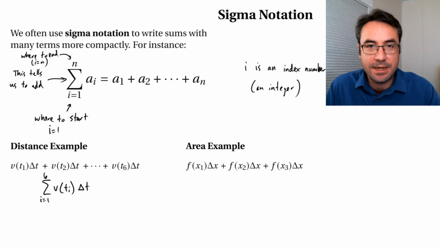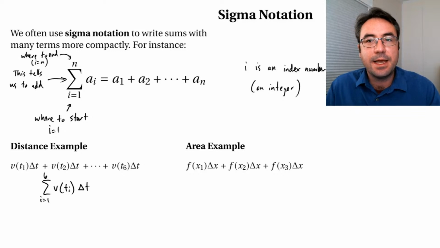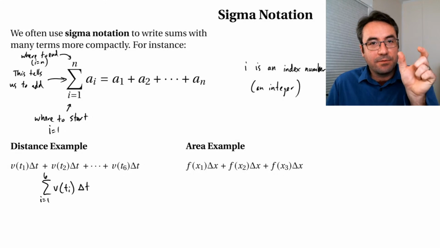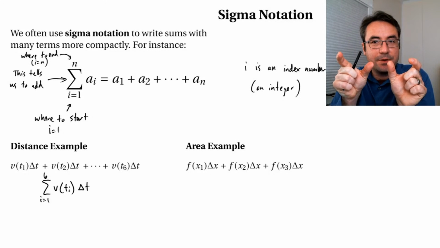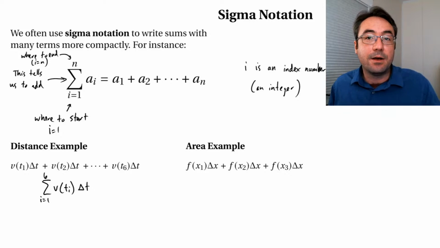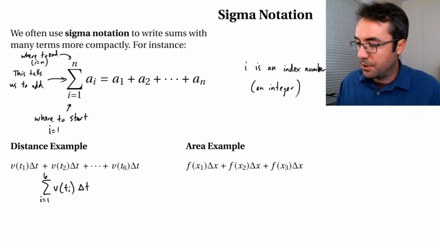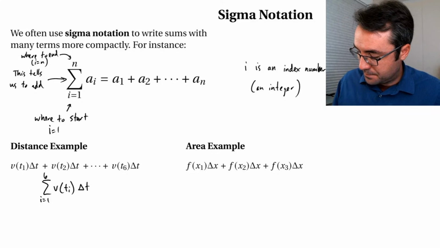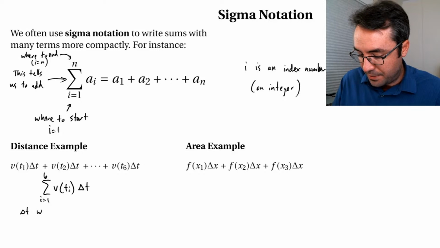So we're starting at index 1 and going up to index value 6. And we're taking our velocity reading times delta t, the length of our time subinterval, and adding all those together. Delta t in this example was the width of each subinterval.